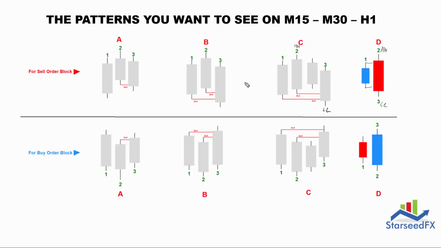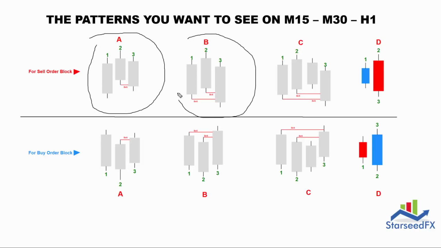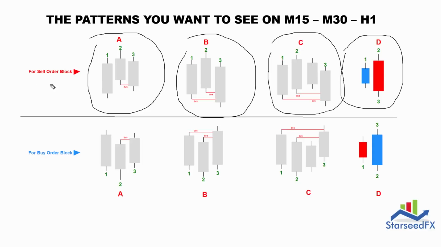So whenever you receive an order block alert from us, from H4 or D1, you have 2 options. You can put a pending order at 50% of the order block candle, or you wait until you see a candle formation like this. It could be type A or B or C or D. And this is for sell order block.